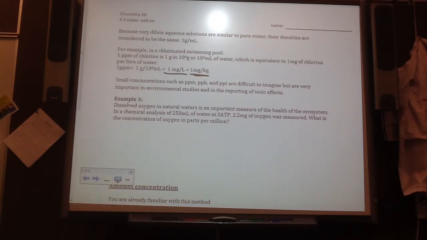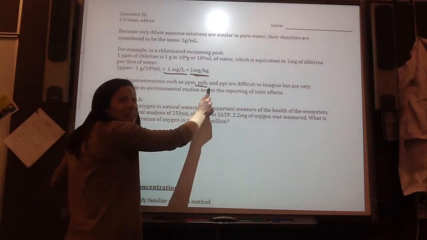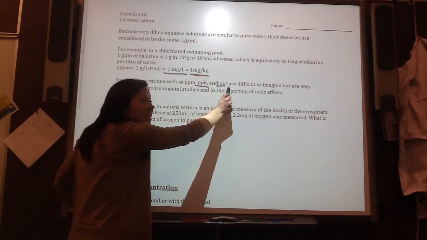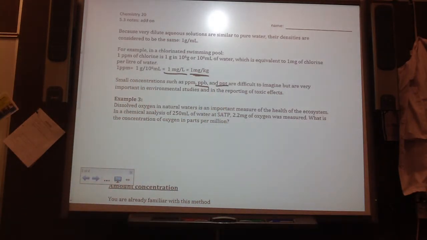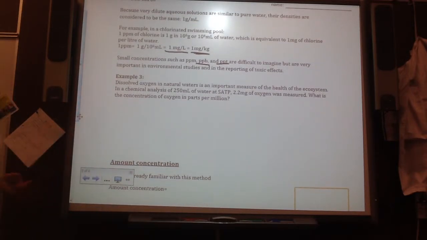Small concentrations such as parts per million, parts per billion or parts per trillion are difficult to imagine, but are very important in environmental studies in reporting of toxic effects. For example, dissolved oxygen in natural waters is an important measure of the health of an ecosystem.